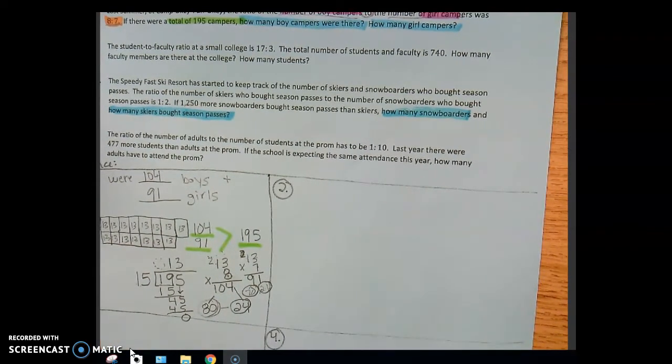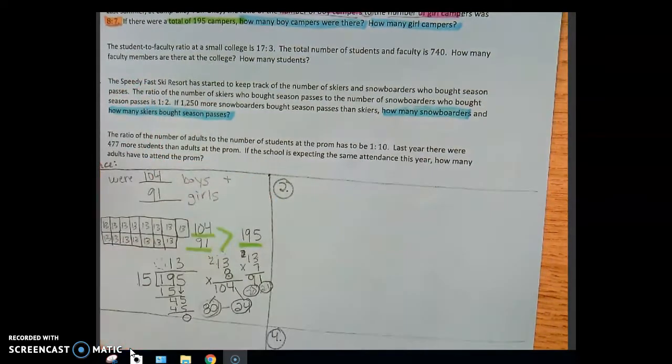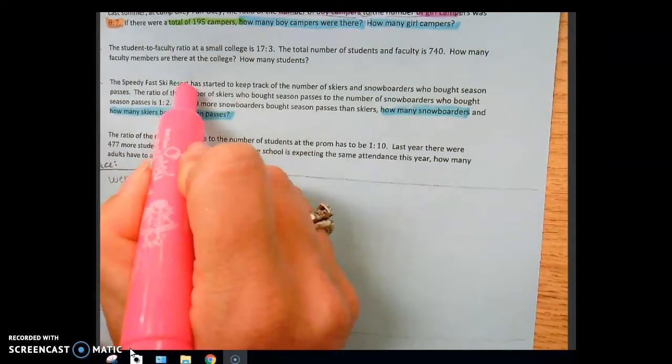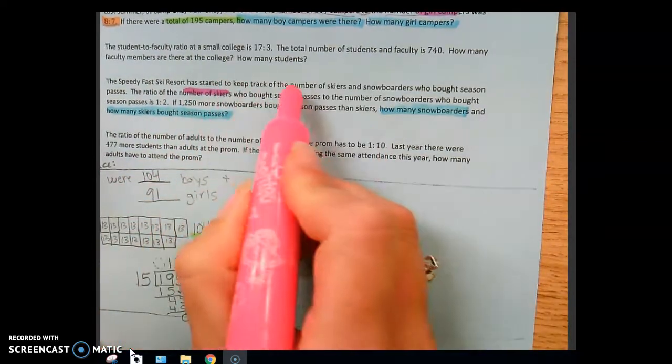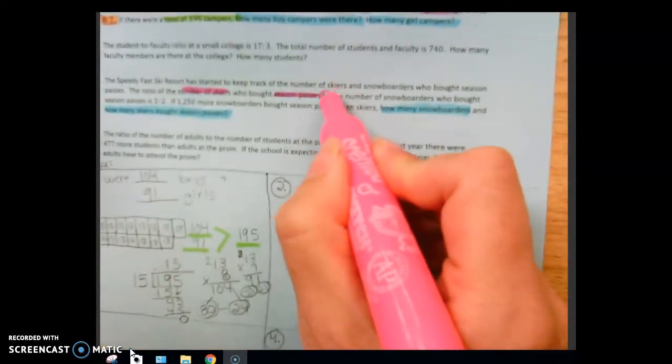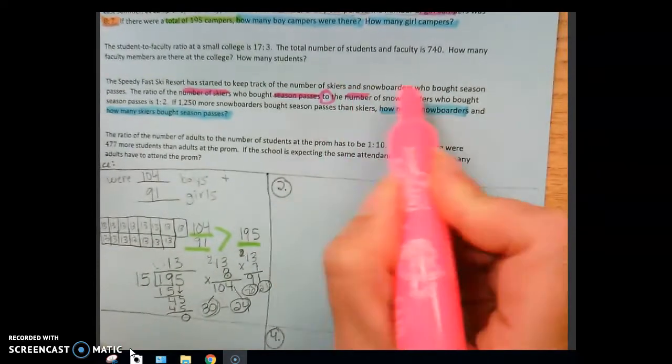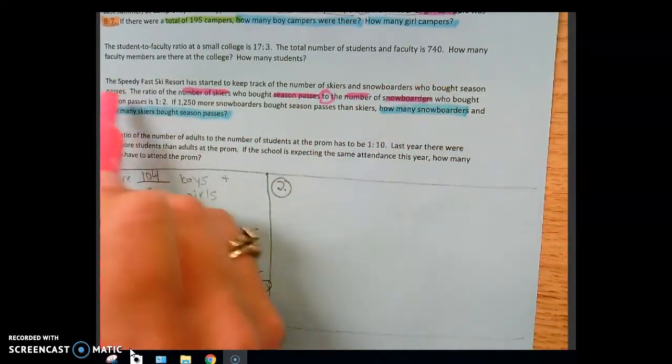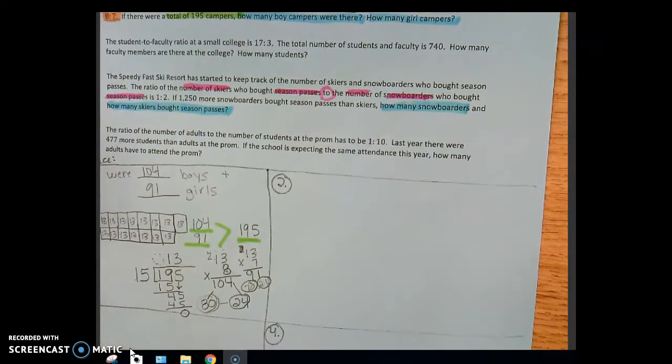So now that I know that, again, when I was reading it, I already picked up on the pink information. What are the two things that we're comparing? It says the ratio, so that kind of gives me a hint of the number of skiers who bought season passes to, there's that ratio language, number of snowboarders who bought season passes is 1 to 2.